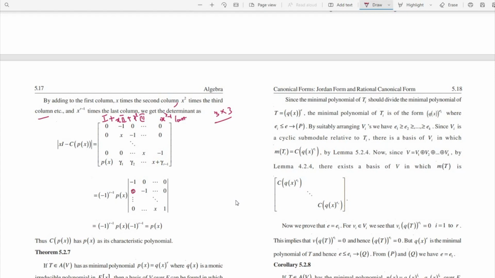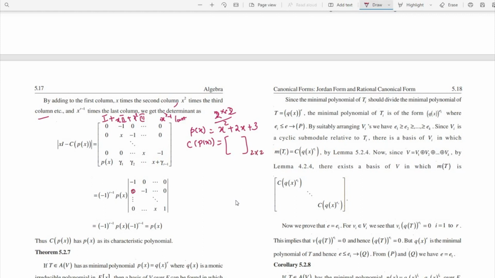We can try this. Suppose I have, say, p of x of second order, so that p of x is x square plus 2x plus 3. So what will be the companion matrix of this? It should be a 2 cross 2 matrix.